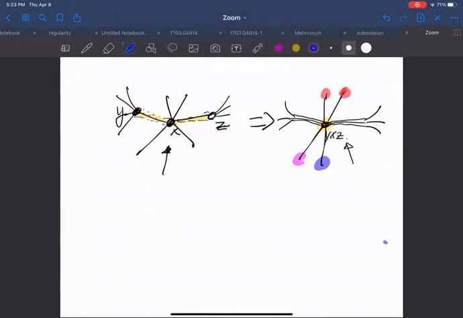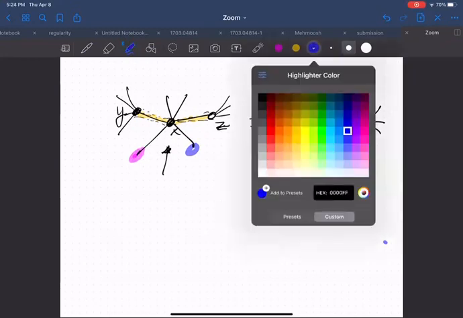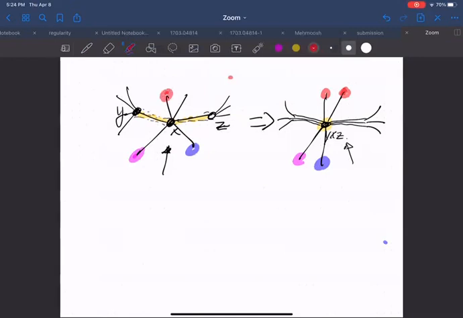And now I want to turn that back into a coloring of the original graph. Well, everybody keeps their colors. Every vertex that's in both graphs gets to keep the same color. But what about y, x, and z?